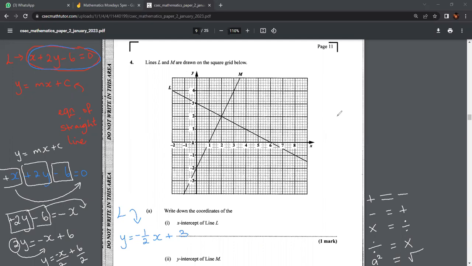I'm just going to write it up on the right side here. So L is y is equal to negative a half of x plus 3. I'm just clearing here. So let's go back to our question.